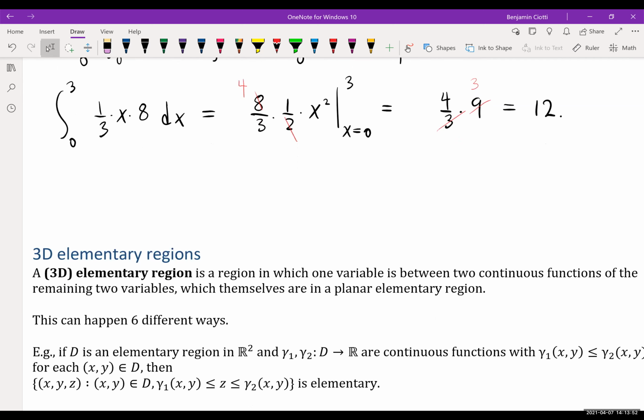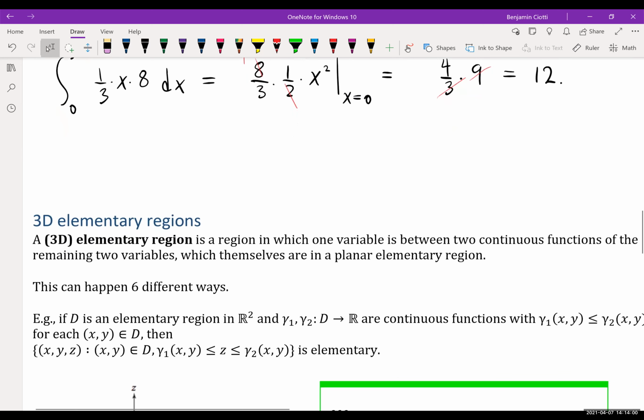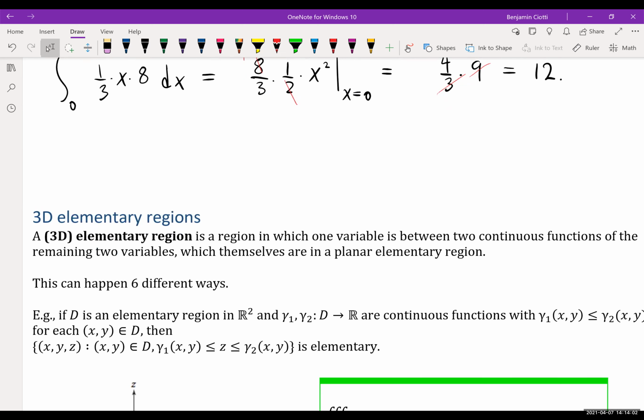Okay. So, just analogous to how we did elementary regions after we did rectangles, we are now going to do 3D elementary regions. Sorry, it's trash day here, so I don't know if you all can hear the trash truck coming by.